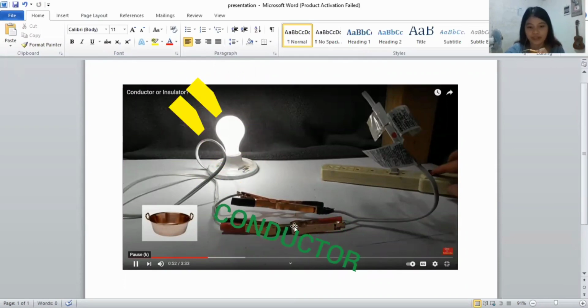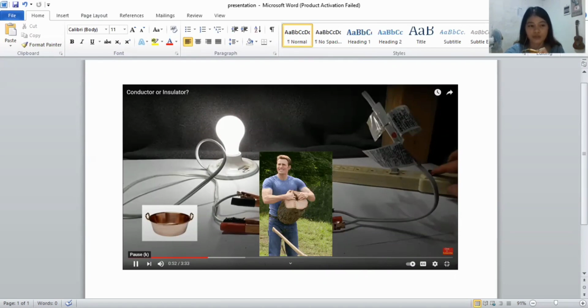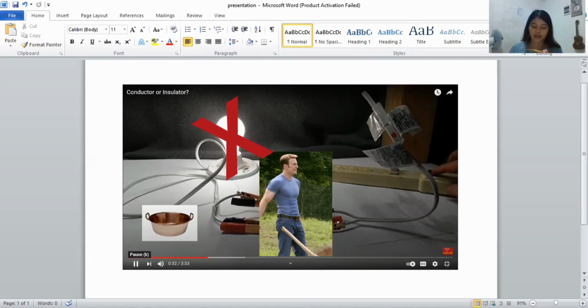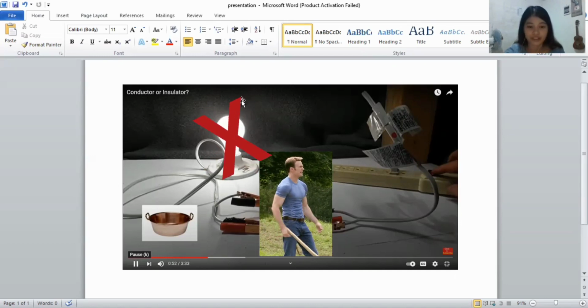For example, he put wood, and the wood cannot pass energy, the energy cannot flow through the wood. So the bulb did not light up.